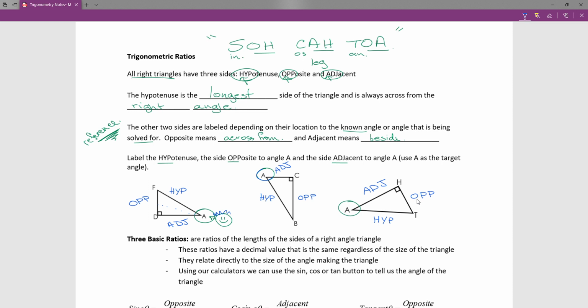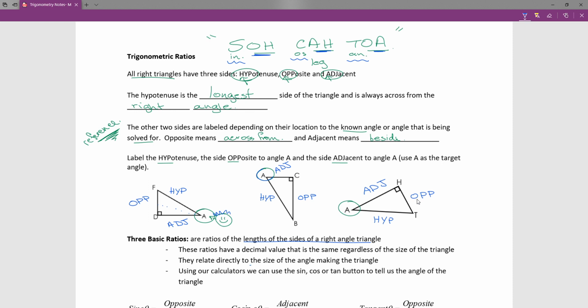So the three basic ratios are ratios of the lengths of the sides of any right-angled triangle, and that's where we're getting these names in relation to the ratios that we're talking about. These ratios have a decimal value that is the same regardless of the size of the triangle. So you can basically scale a triangle up and it makes the same angle.